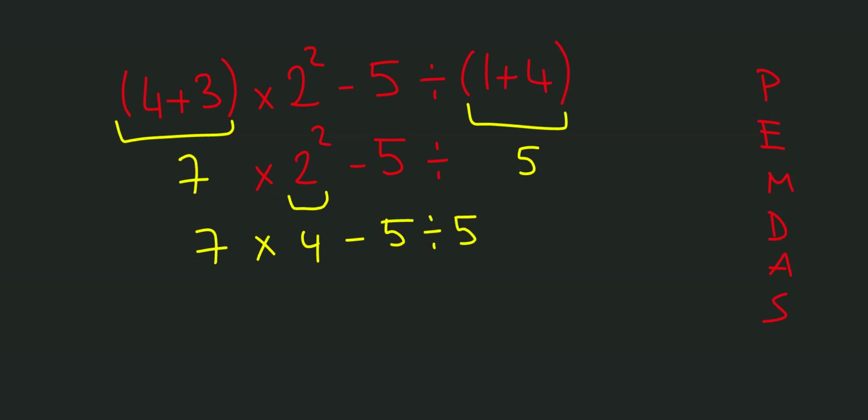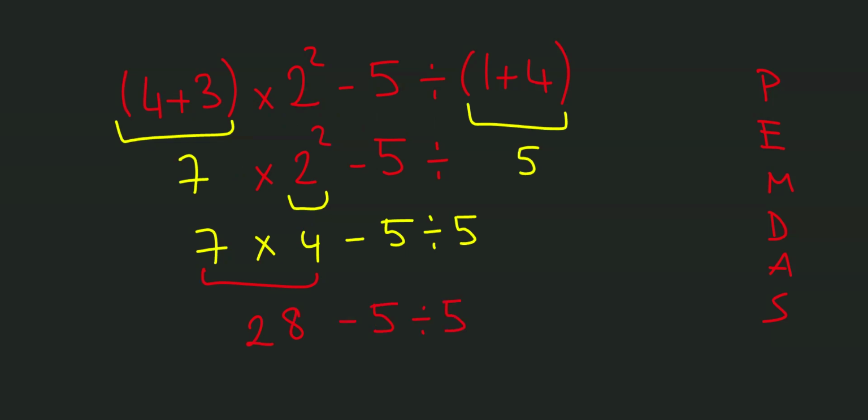So there is multiplication, subtraction, and division. So multiplication and division comes before the subtraction. And since there's both in the expression, remember the rule, we go from left to right. So let's do 7 times 4, which is 28, minus 5 divided by 5.